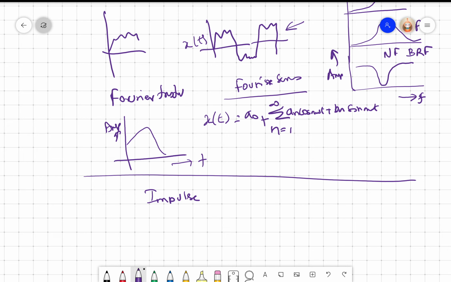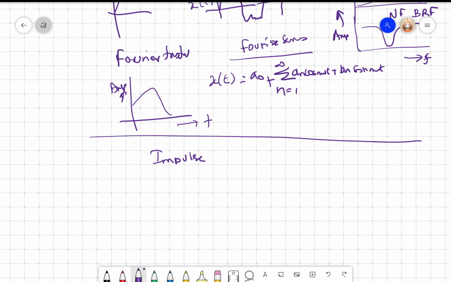It so happens that we chose sine omega t as the standard signal. It's also possible to use another signal called the impulse function. This is given by a famous mathematician called Dirac, so we also call it the Dirac delta function.